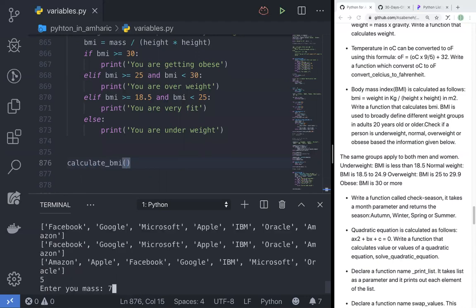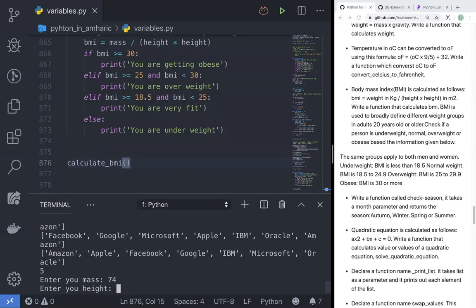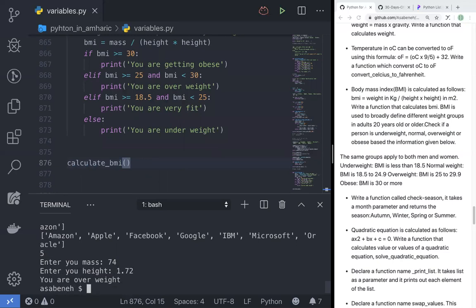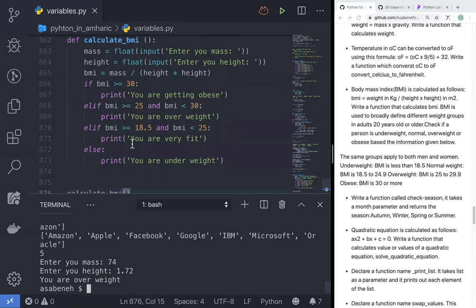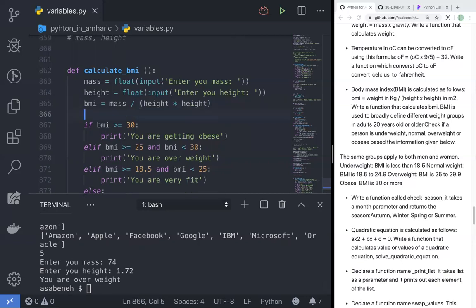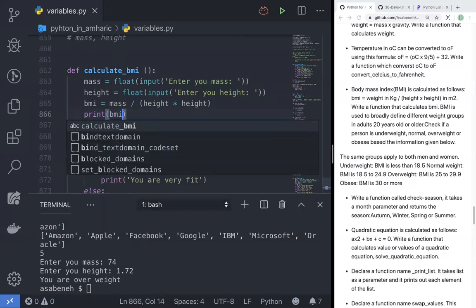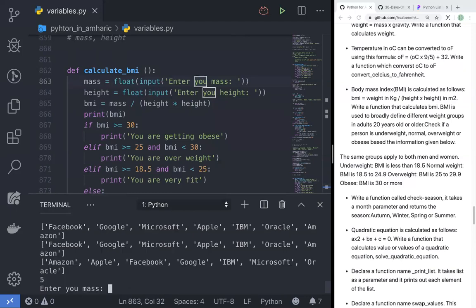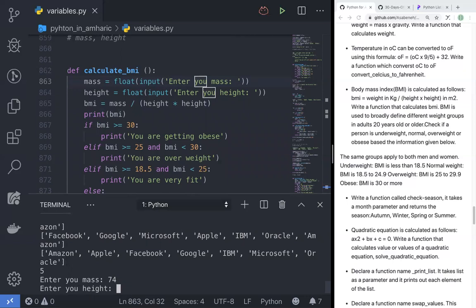Enter your mass, 74, and height 1.72 or 3. You are overweight. No, this is wrong. It should be wrong. Okay, what's the data? Print BMI. That's really wrong. 74, and your height is 1.72.